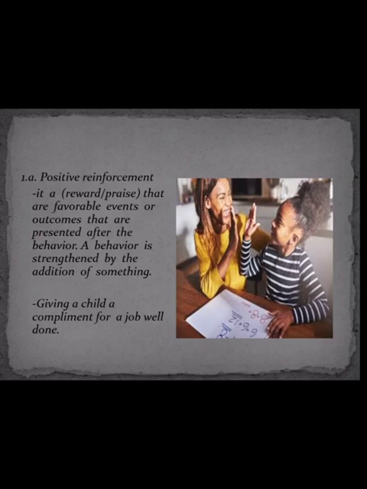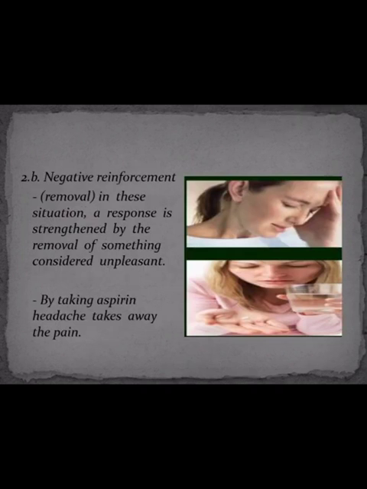A behavior is strengthened by the addition of something. It is giving a child a compliment for a job well done. Negative reinforcement, removal. In this situation, a response is strengthened by the removal of something considered unpleasant. By taking aspirin, the headache takes away the pain.